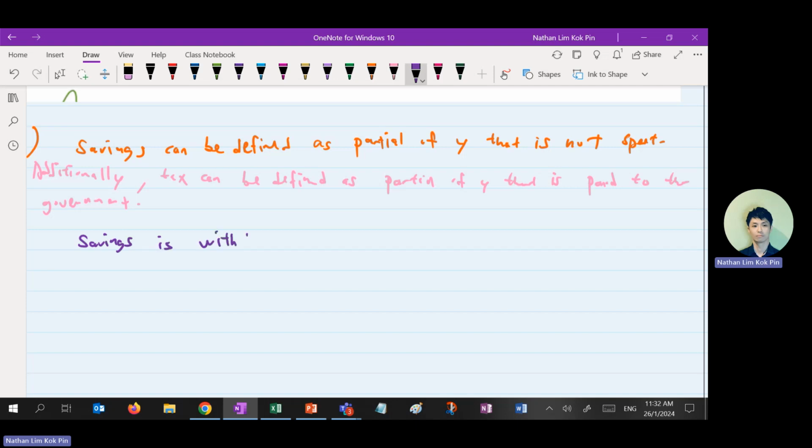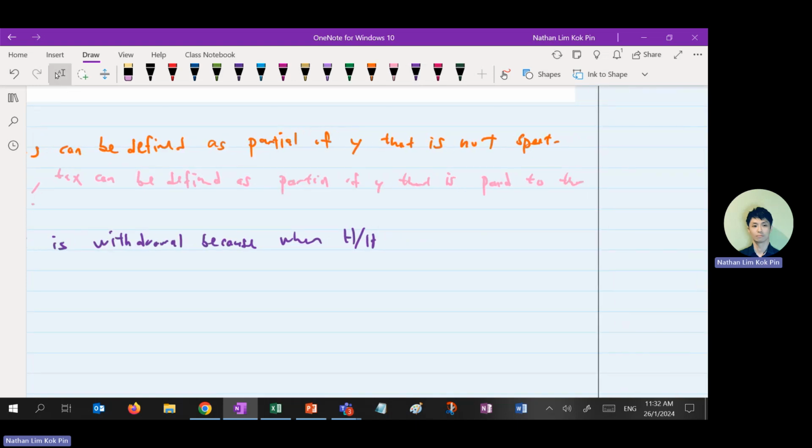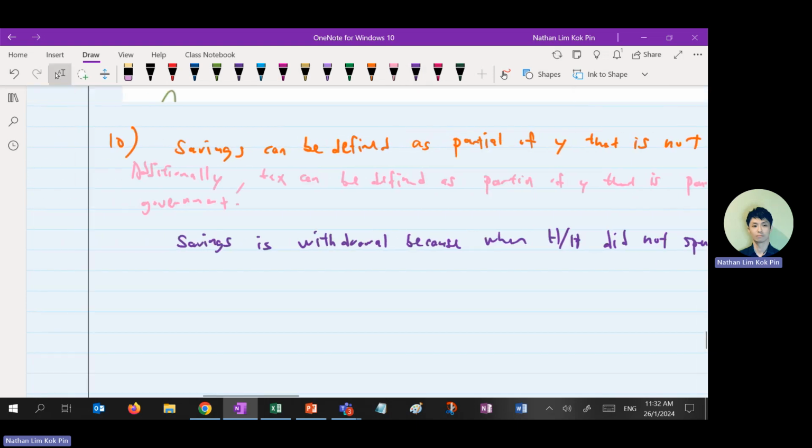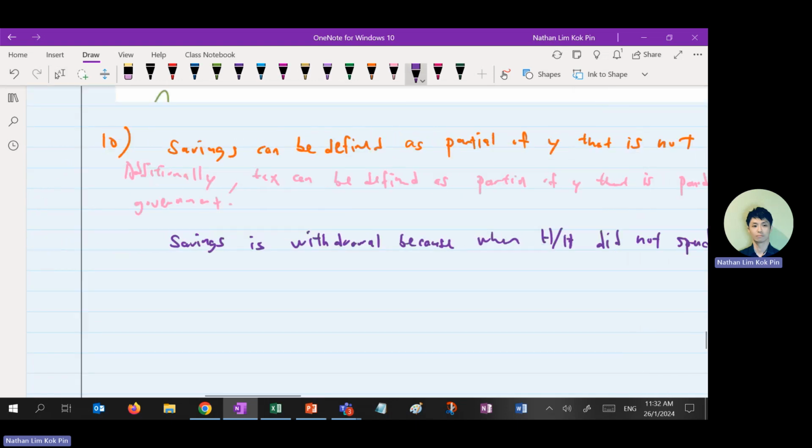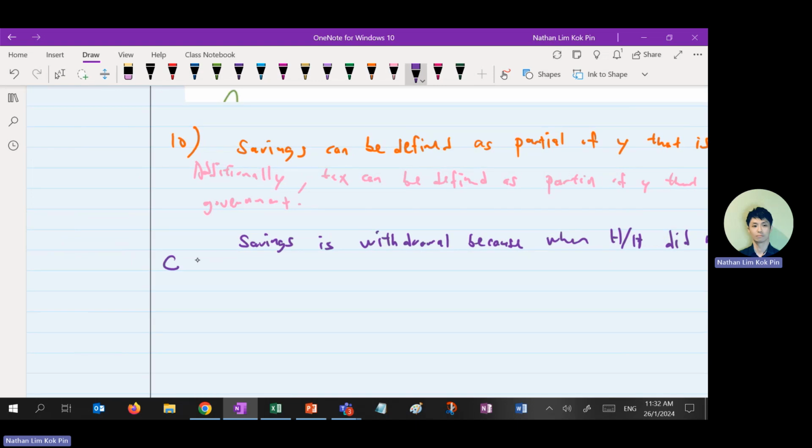Savings is a withdrawal because when households did not spend the money, what happened? Consumption goes down. Consumption goes down. Sales goes down.